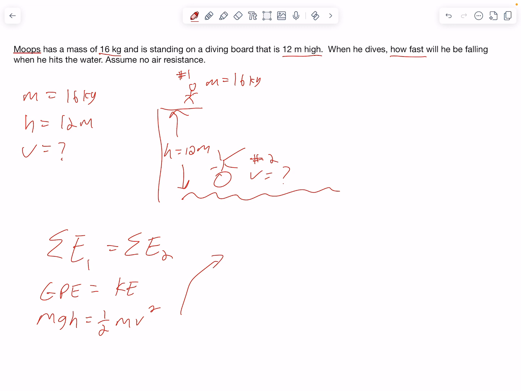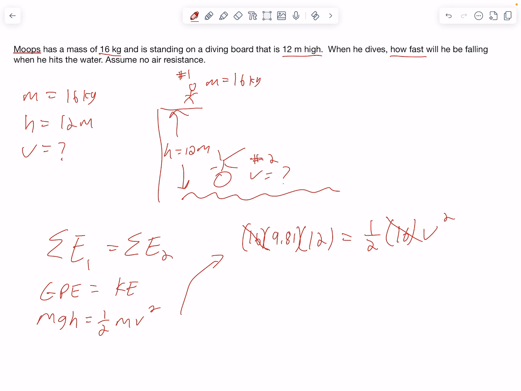I would have 16 times gravity times my height equals 1/2 of my mass, which is 16, times v squared. I could multiply this all out, but I see that there's a 16 in every term, on the left side and the right side. So I can divide the 16 out and cancel it.